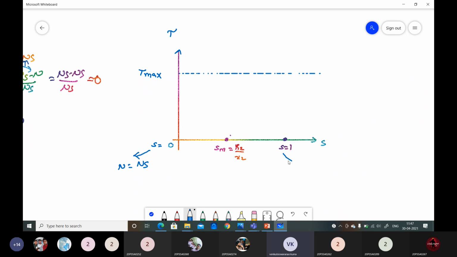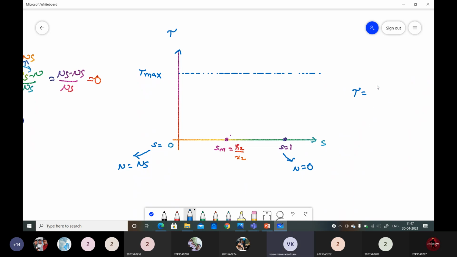Next, at slip s equal to 1, n equal to 0. So slip equal to 1 means rotor speed equal to 0. It means rotor is under stationary condition. So under stationary condition, the torque developed by the motor.